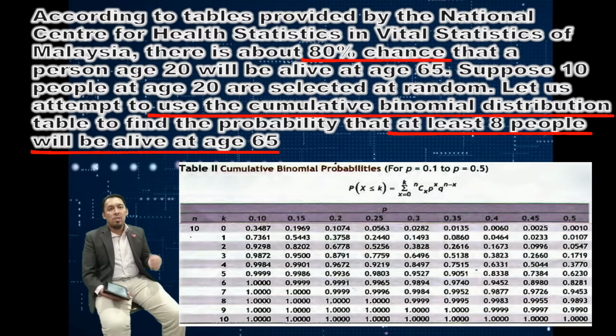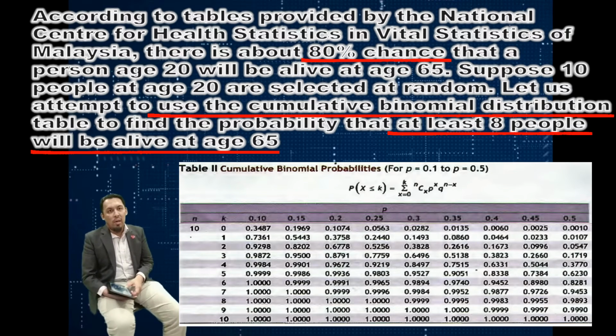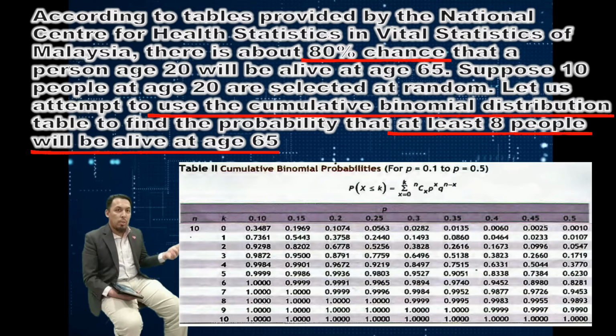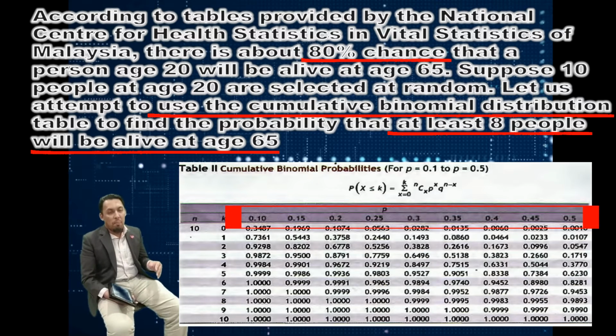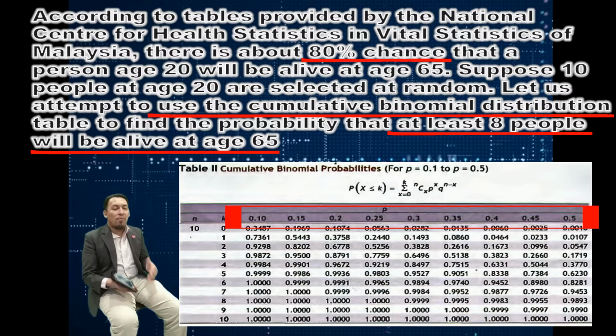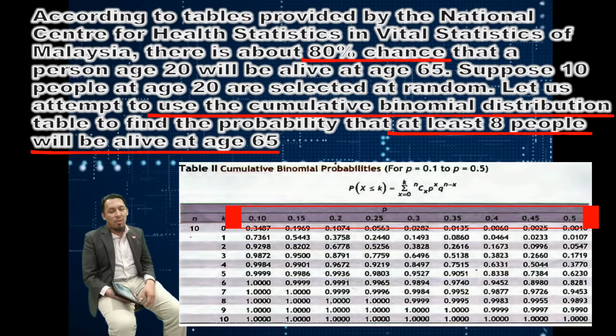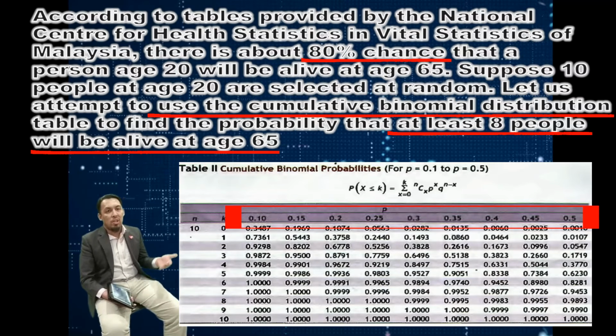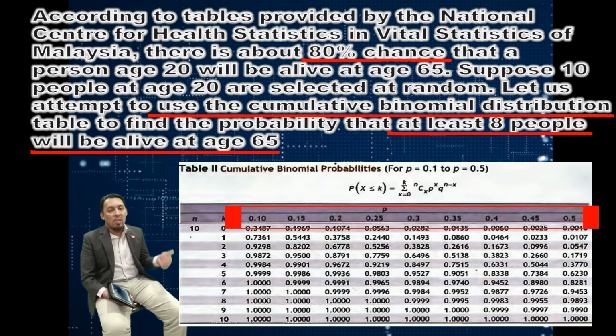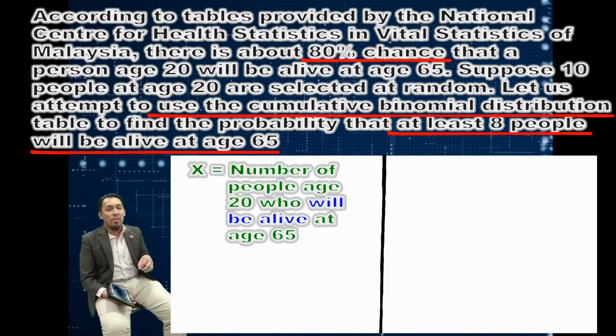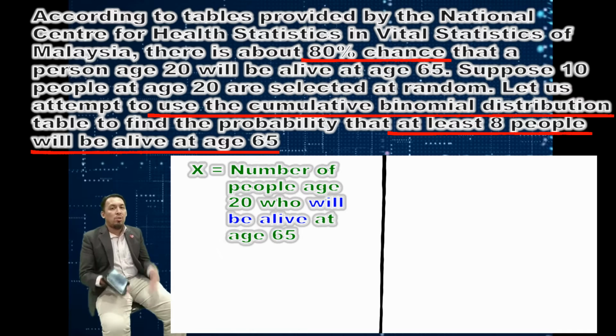Since 0.8 is not in the cumulative distribution table, we should manipulate the definition of success. What does that mean? Up until now, our definition of success, or the interest, is on those who are alive, 0.8. So we need to change it.